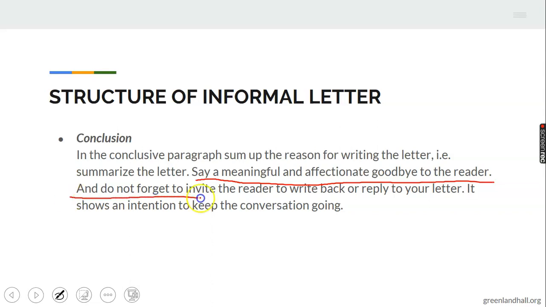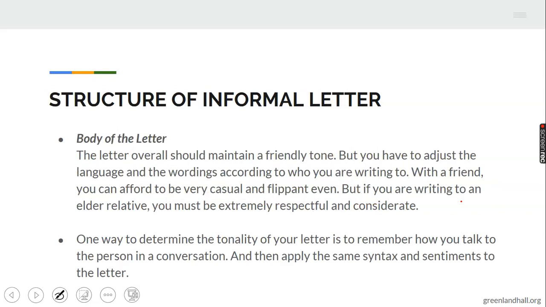This shows cordiality between the two of you, and an intention to keep your discussion going. So these are the things that make up your conclusion. Don't forget that the language is a friendly tone, and that you have to be respectful and considerate depending on your relationship with the person you are writing to.